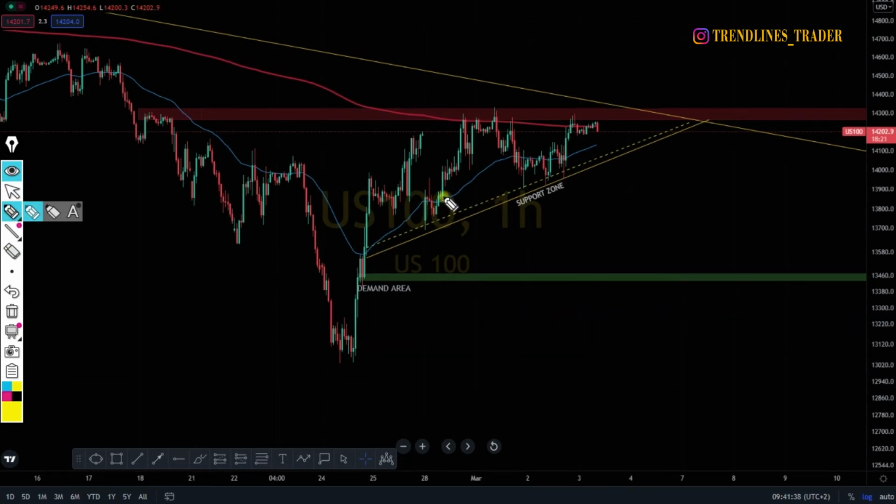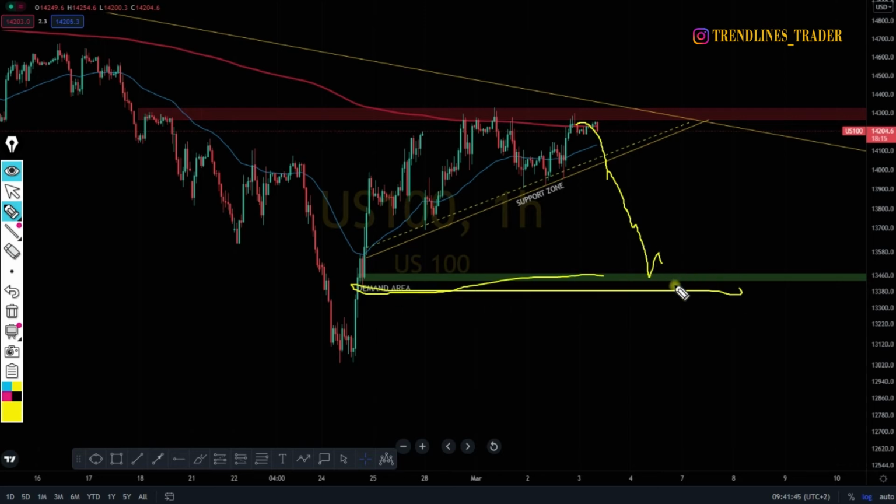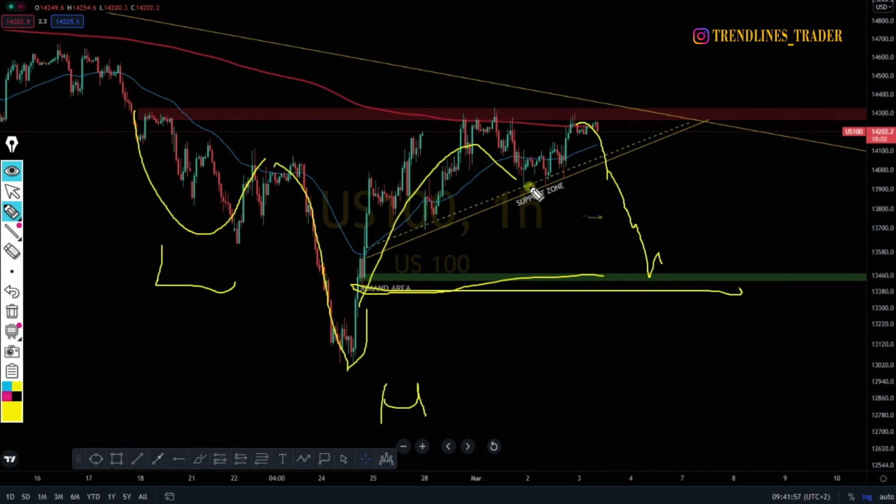I guess we can expect the price to push towards the downside to retest this area to give us our head and shoulder structure. As you can see, we have a left shoulder. This is our head, and we are still looking to have our right shoulder.